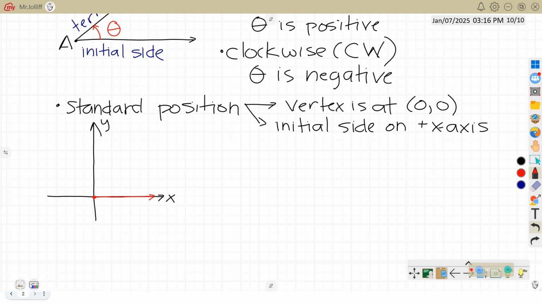My terminal ray should be sitting 45 degrees from that. And I know that x to y, what's that angle measurement? 90. 45 is half of 90, so I want to cut that angle in half. So my terminal should sit right about here. Ish. Probably not my best 45-degree angle freehanding, but we'll go with it. That is an angle in standard position.